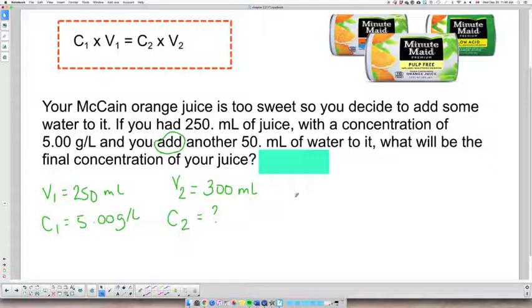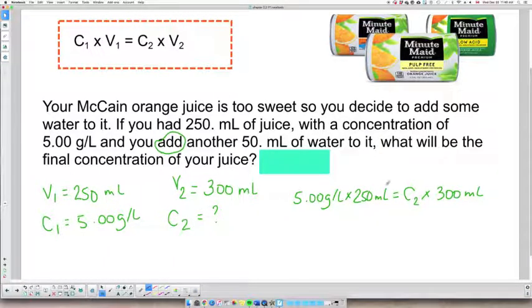So C1, which is 5 grams per liter, times its volume of 250 milliliters is equal to concentration number 2 times volume number 2, which is 300 ml. If I look at my units, my milliliters would cancel out, and I would be left with grams per liter for my second concentration.